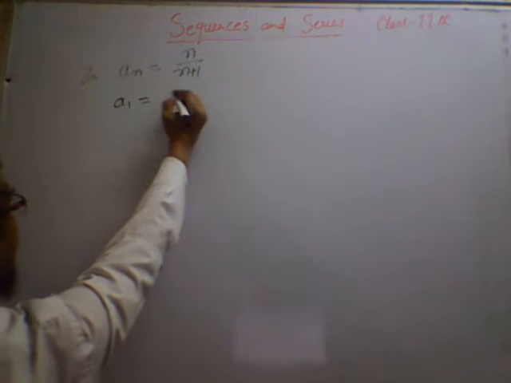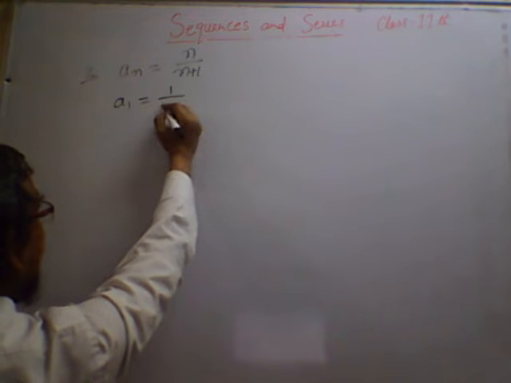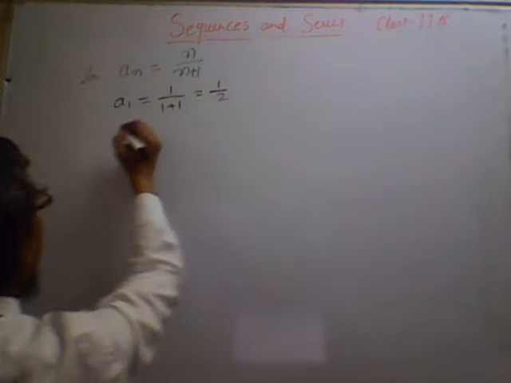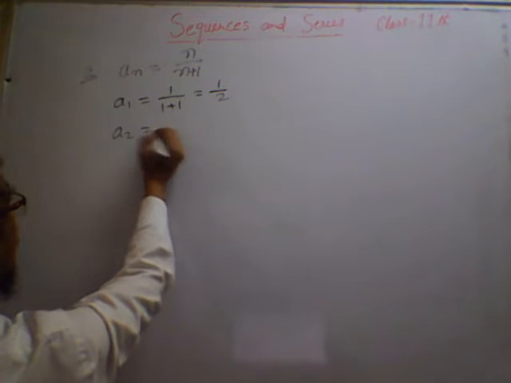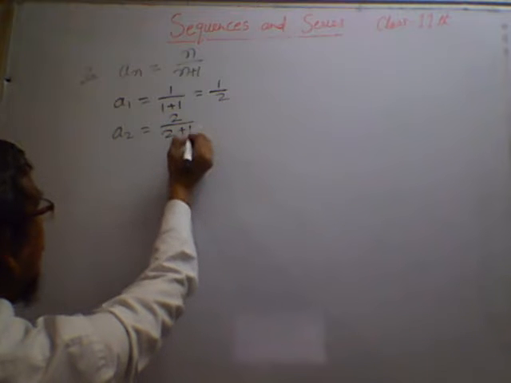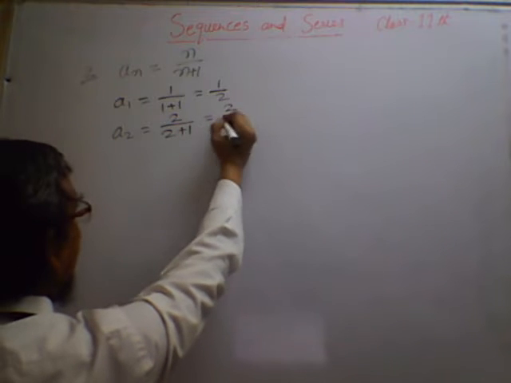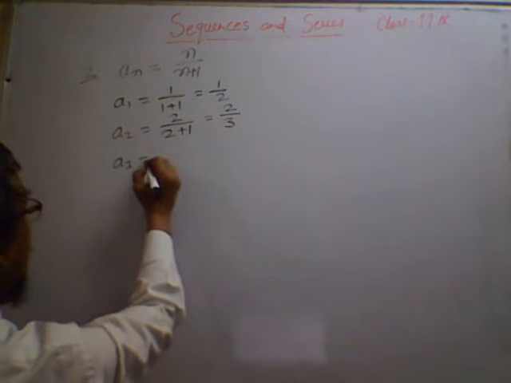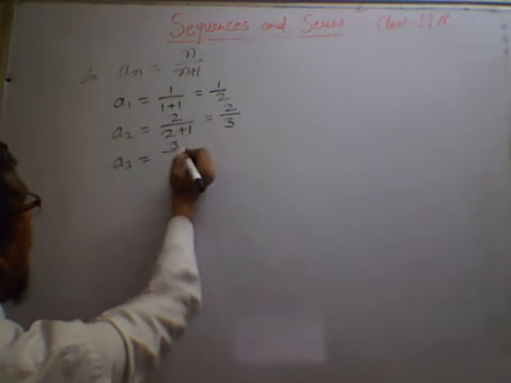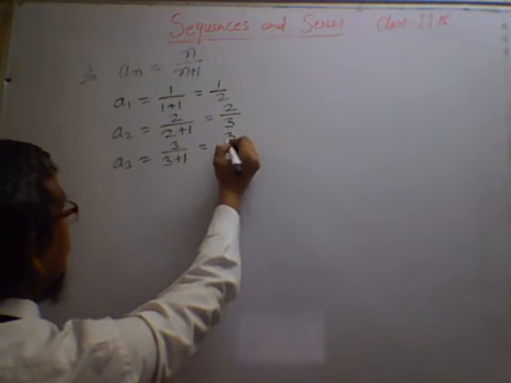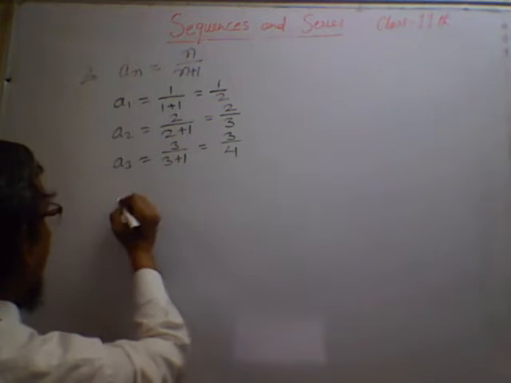A1 equals 1 by 1 plus 1, meaning 1 by 2. A2 equals 2 by 2 plus 1, meaning 2 over 3. A3 equals 3 by 3 plus 1, meaning 3 by 4.